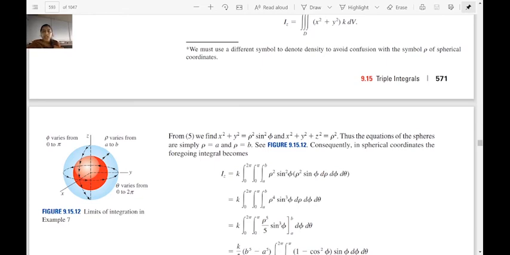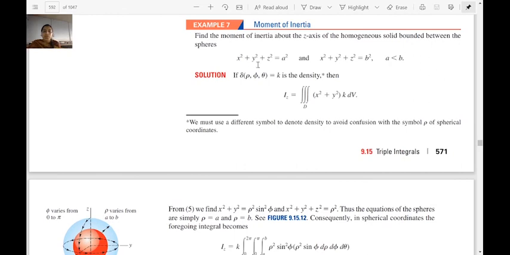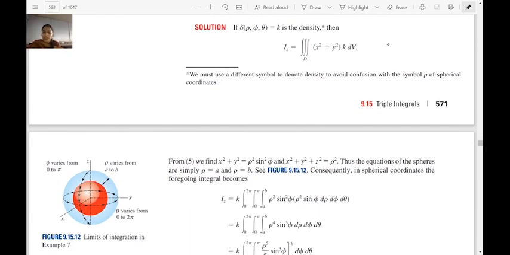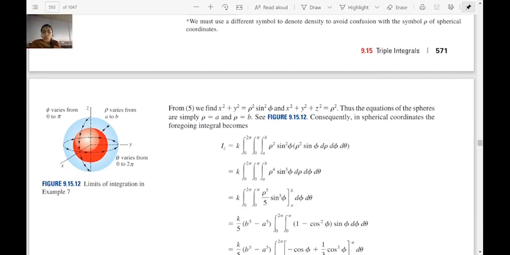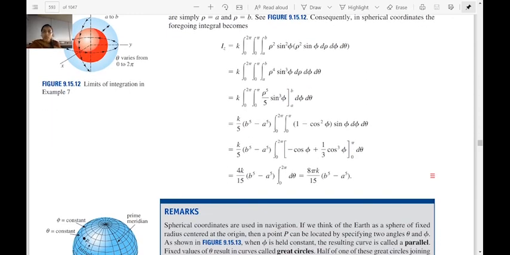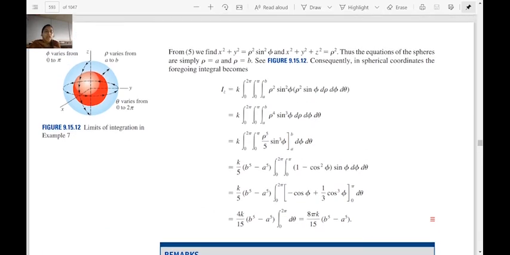Clearly the spheres are x² + y² + z² = a² and x² + y² + z² = b², so ρ = a and ρ = b are the spheres. So we have the variation of ρ from a to b, and φ is the angle made with the positive z-axis, so it varies from 0 to π. You can see it in figure 9.15.2. Phi varies from 0 to π and θ varies from 0 to 2π.